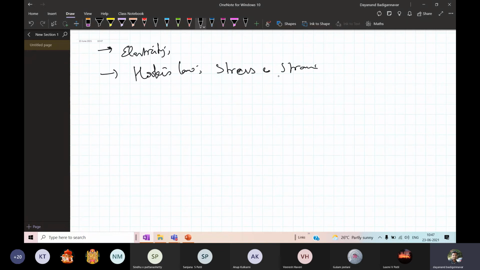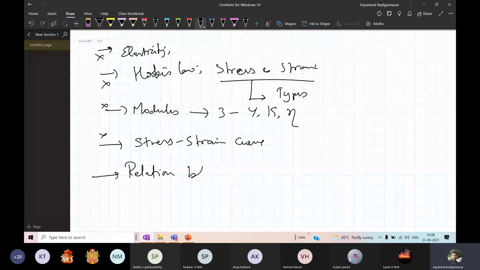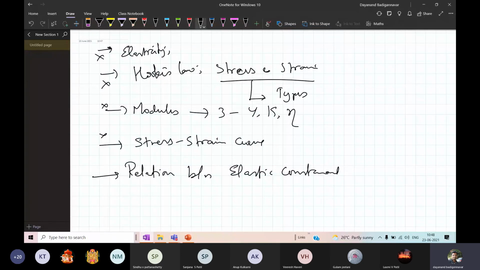Okay, stress and strain, then types. Then modulus they may ask, what is modulus. Modulus has 3 types: Young's modulus, bulk modulus, modulus of rigidity. The stress versus strain curve is very important, they ask this. Then there are 3 relations between elastic constants, out of which 2 are sure to come. Therefore you have to solve them clearly.